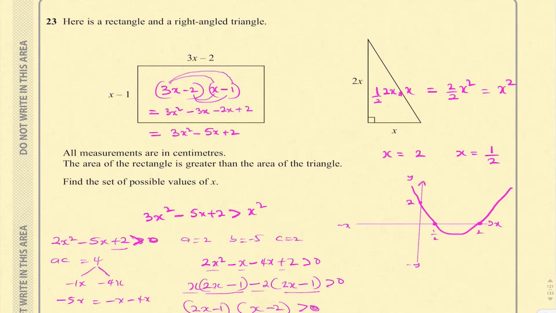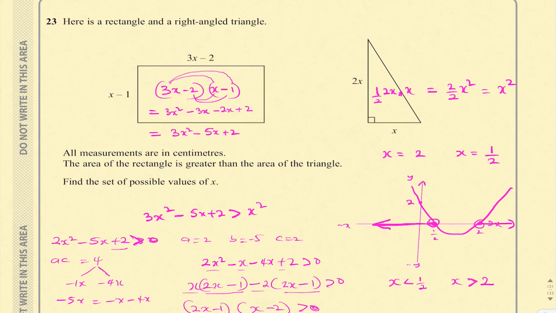So from this point here, I draw a circle and I go all that way. That's greater than 0. Draw a circle and I go all that way. That's greater than 0. So that means it's greater than 0 when x is less than a half and when x is greater than 2.